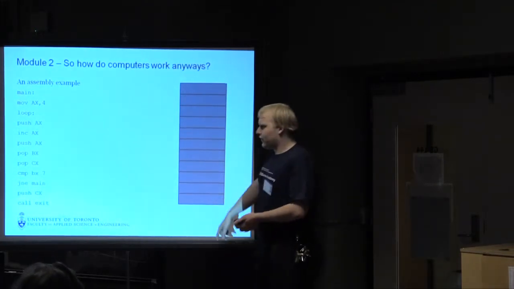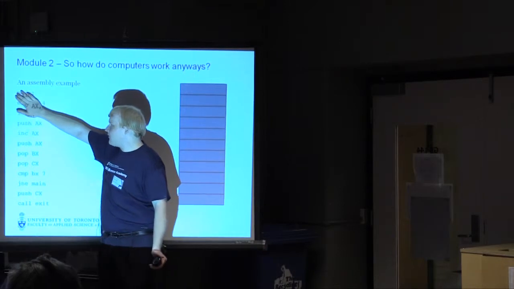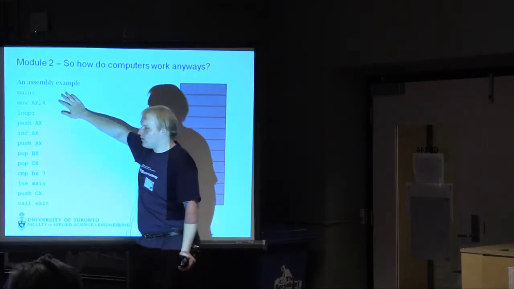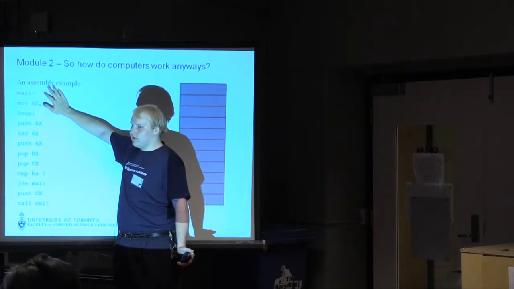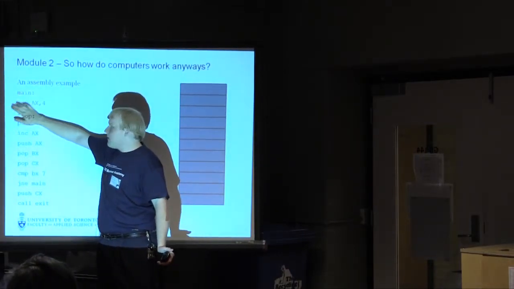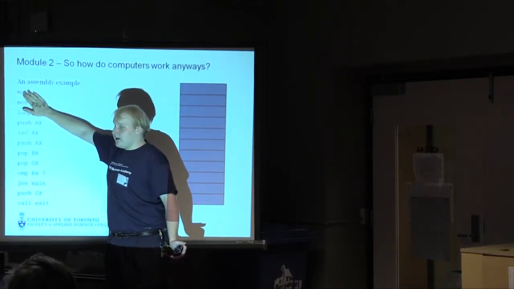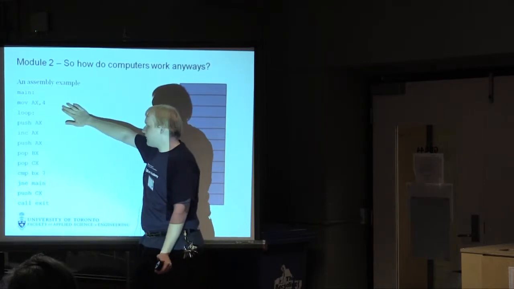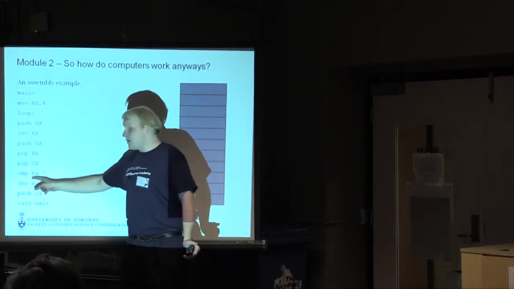The one thing on that slide I forgot to mention is labels. Labels do not convert to memory. This main colon does not correspond to any sort of machine code opcode. It tells the assembler, anywhere we say main, insert this memory address. So the memory address of move AX to 4 is 0. When we have main here, this is going to be 0.